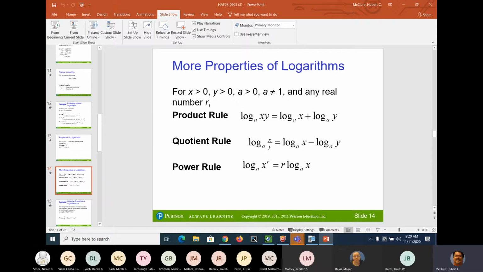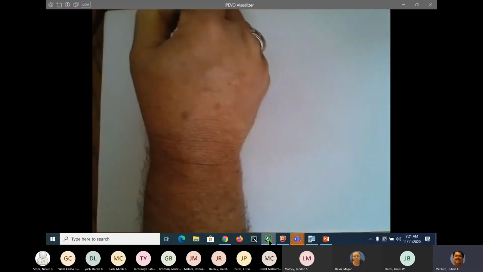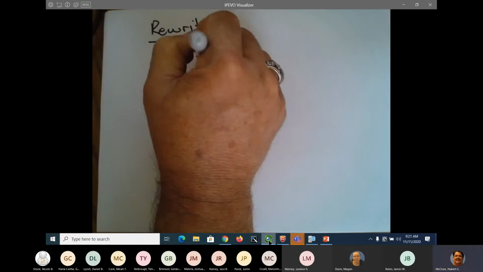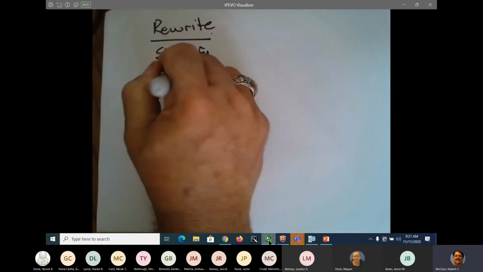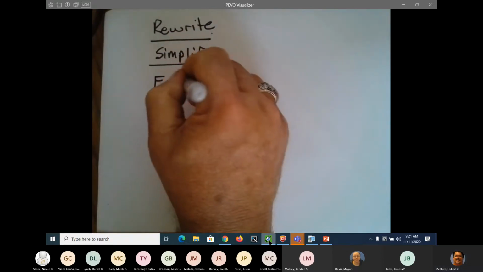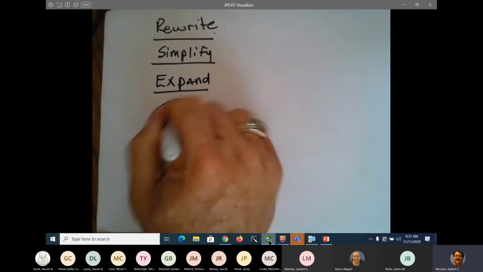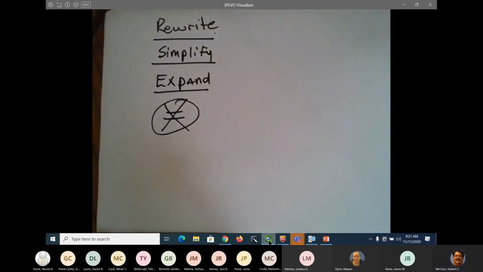Okay, so let's go ahead and look at one of the examples. Now, let me go ahead and say right now that with these properties, you can rewrite, simplify, expand. That's usually when you don't have an equal sign.